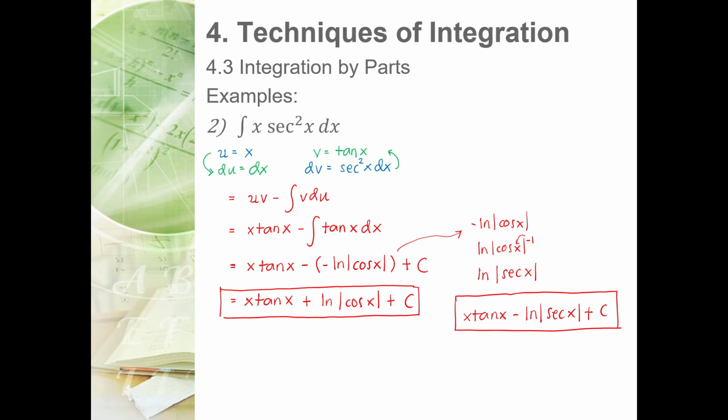It depends on how you use the tangent x formula: whether you use negative ln cosine x, or you utilize the positive version, which is ln secant x. Okay, so questions or clarifications? Okay, so let's proceed.